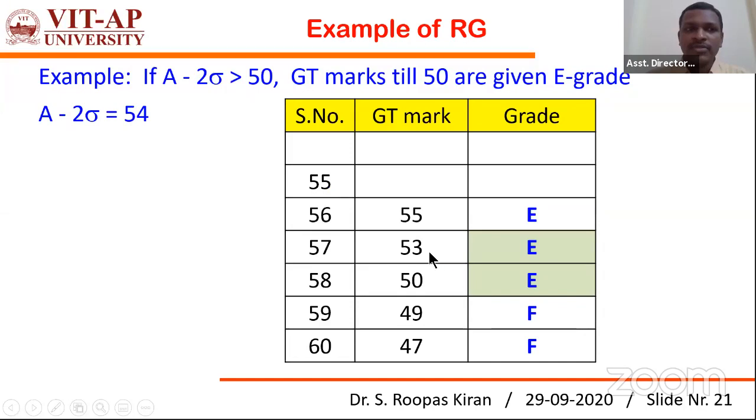According to the relative condition, you are supposed to get F grade, but it is not so. Until the absolute mark 50, whatever the marks below A minus 2 sigma, those marks will be given E grade. Below 50, F grade will be there. Whichever is lower, 54 or 50, that is the boundary.